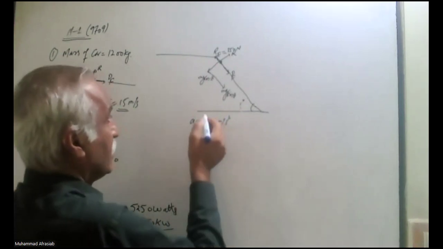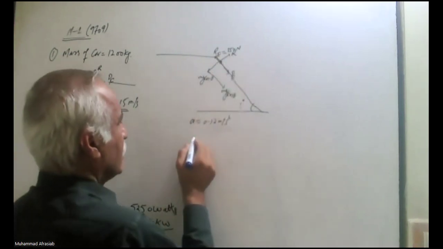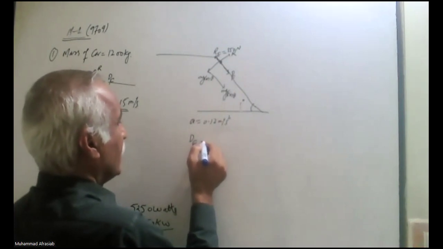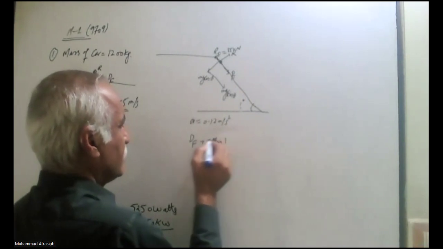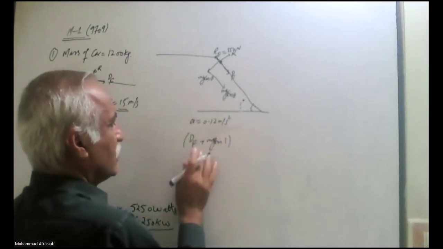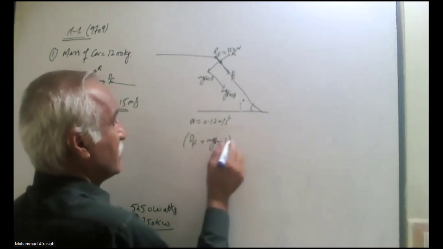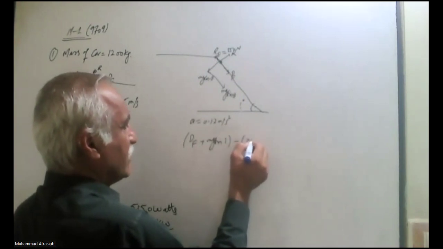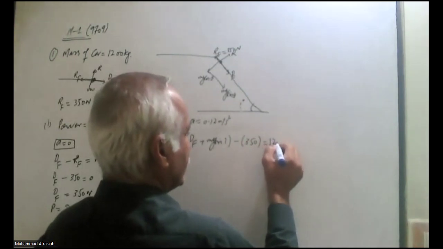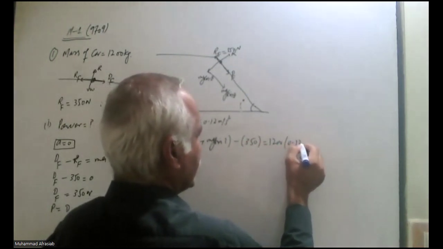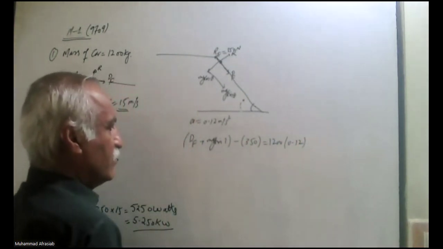So first of all, we will solve this equation, that is driving force and mg sine of 1, this is the total driving force, minus the resistive force, that is 350, is equal to mass of that particle 1200 into acceleration 0.12.